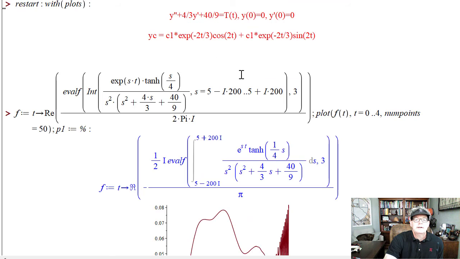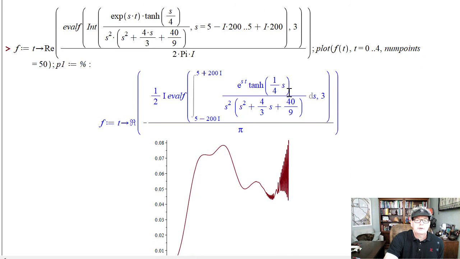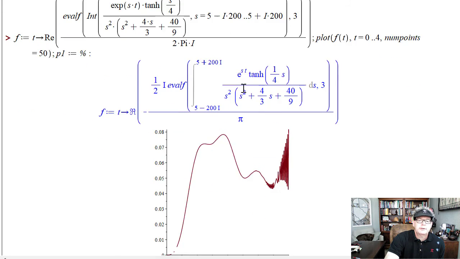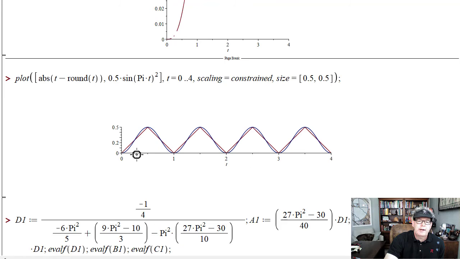Similarly, here's one with the triangular wave function. This would be the solution for this differential equation. I'm not going to go through the work there, but this is for the triangular wave function, which is graphed right here.